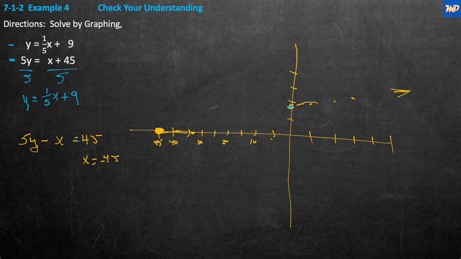I'm going to put a dot there because we're going to get to it anyways. And I'm going to solve the standard form equation right now. So if x is 0, y is equal to 9. 45 divided by 5 is 9. And here's where we came up with our 9. Blue, 9 is right in here.